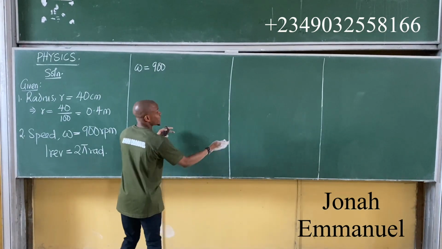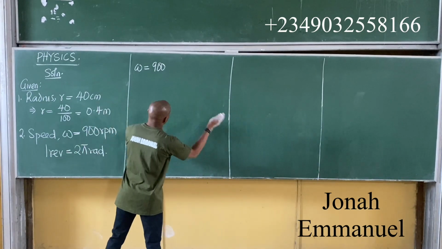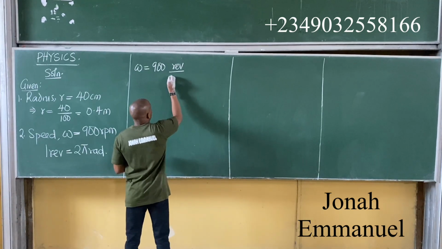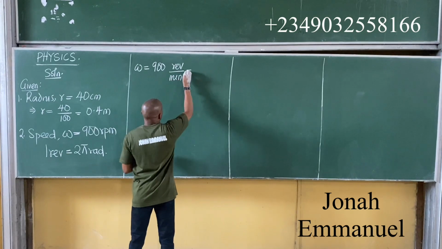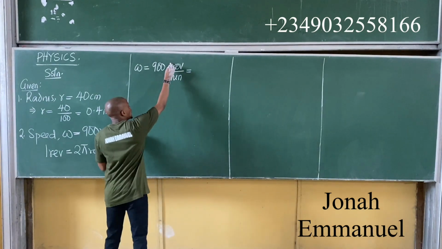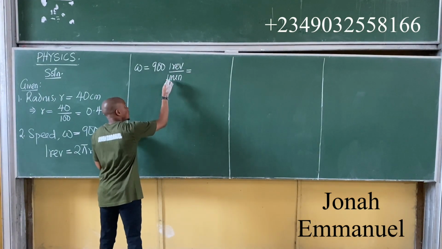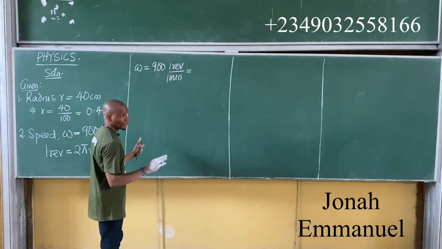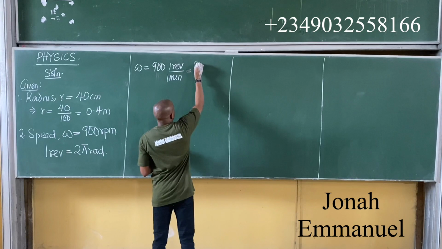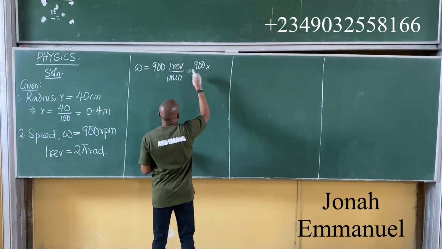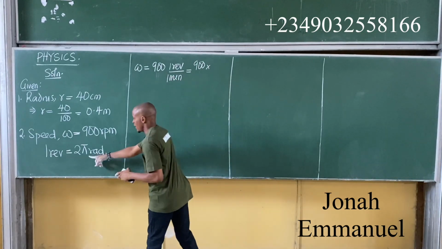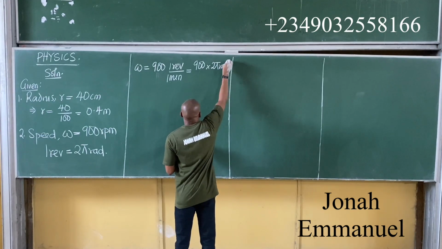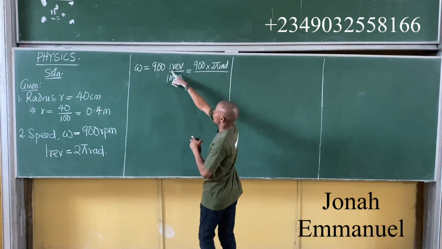I said shift out the number from the SI unit. 900 rev per minute is equal to 900 times 1 rev, which is 2 pi rad.